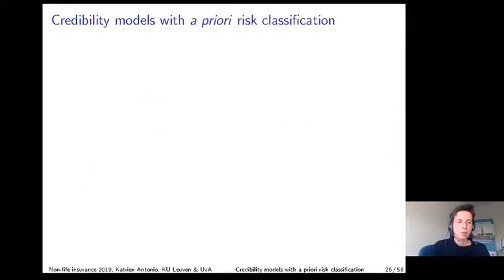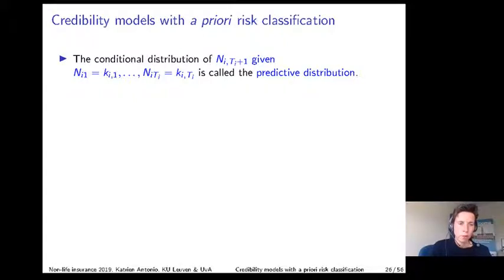Now, having the posterior distribution of theta I given the reported claims at our disposal, we will now continue with the conditional distribution of N_i,t_i+1. This is the random variable that represents the number of claims reported in the next period of time, t_i+1, by policyholder I. The distribution of this random variable, representing the number of claims in the future given the past observations, is called the predictive distribution.